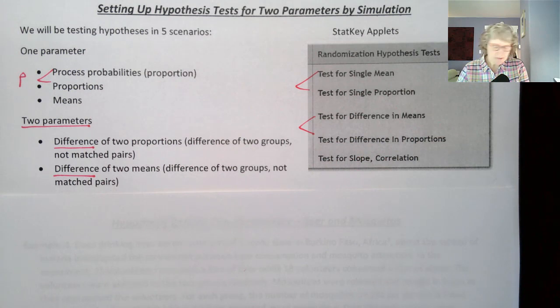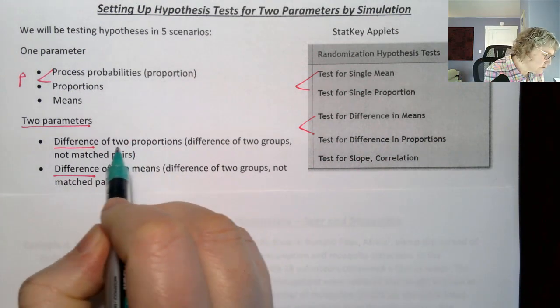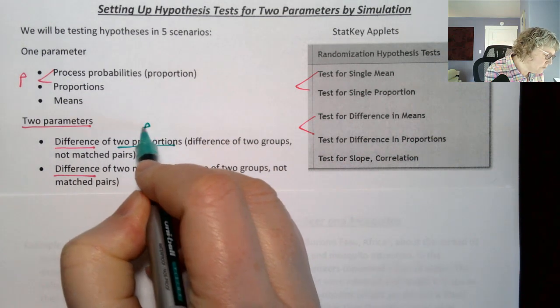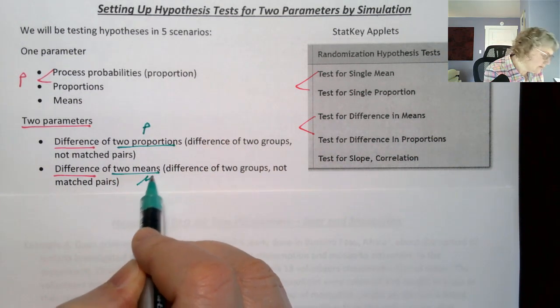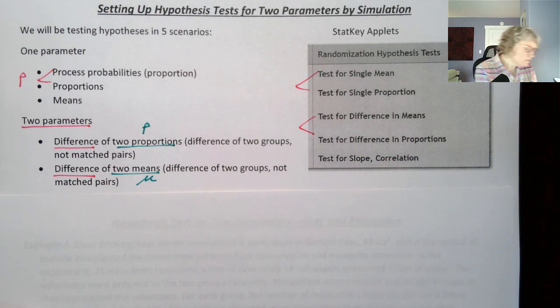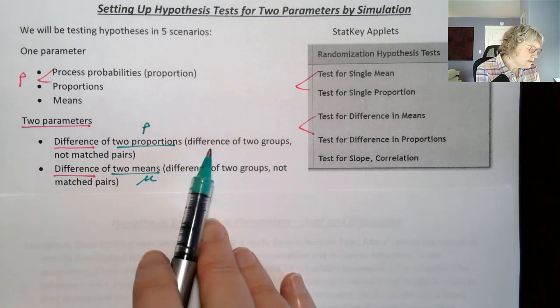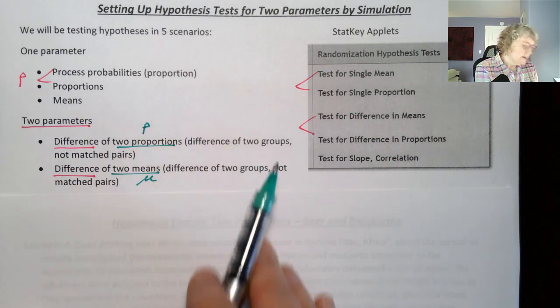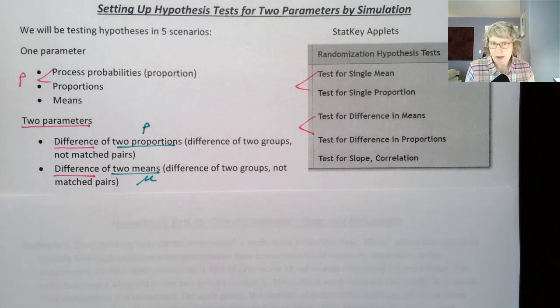One note I want to make about the difference of 2 groups. Remember, we're going to be looking at either 2 proportions, for which we use P, or 2 means, for which we use mu. We're looking at the difference of 2 groups. Now there are different ways of using 2 parameters. If we had the same group before and after, that's called a matched pair, because it's the same person, before and after.